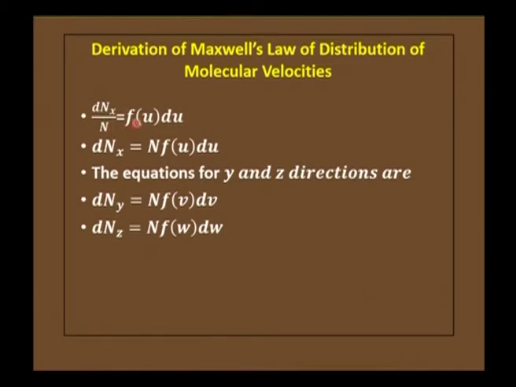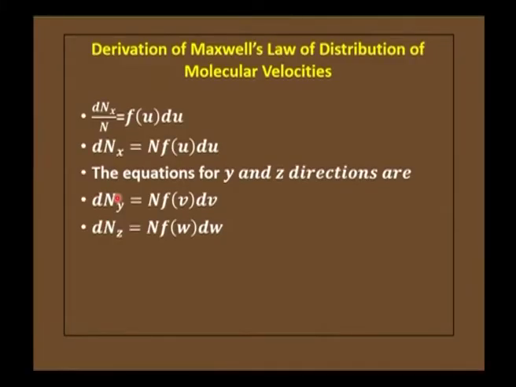Cross multiplying, dNx is equal to N f(u) du. This is the equation for the x direction. Similarly, this can be expanded for the y and z directions. For the y direction, dNy is N f(v) dv, and in the z direction, dNz is equal to N f(w) dw.